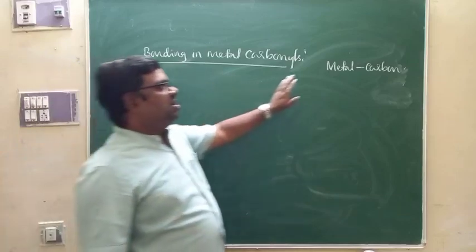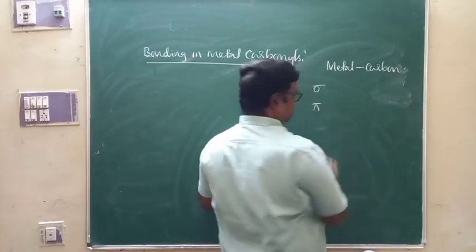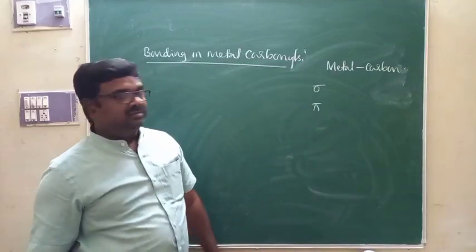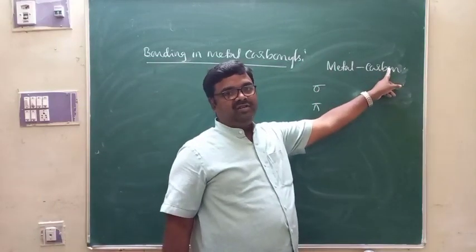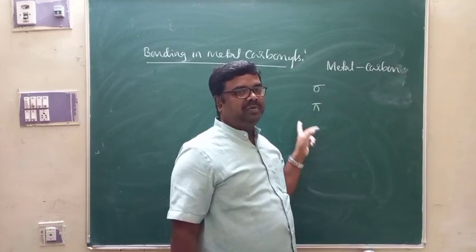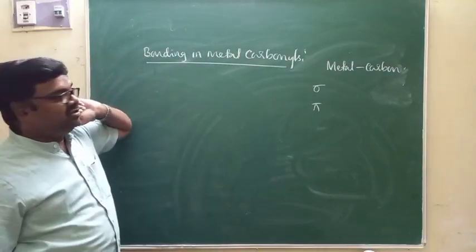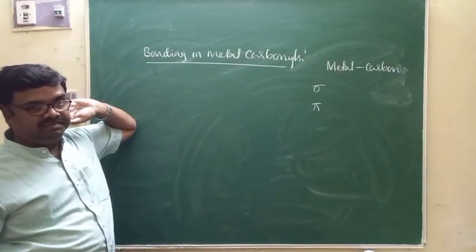The metal to carbon bond in metal carbonyls shows properties of sigma bond as well as properties of pi bond. That is one important observation that you can have in the case of metal carbonyls.